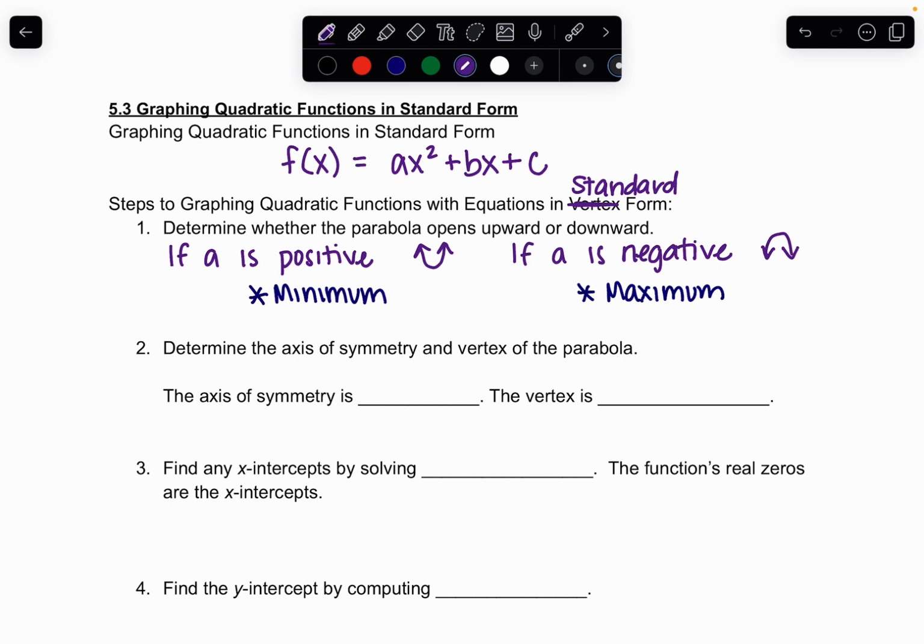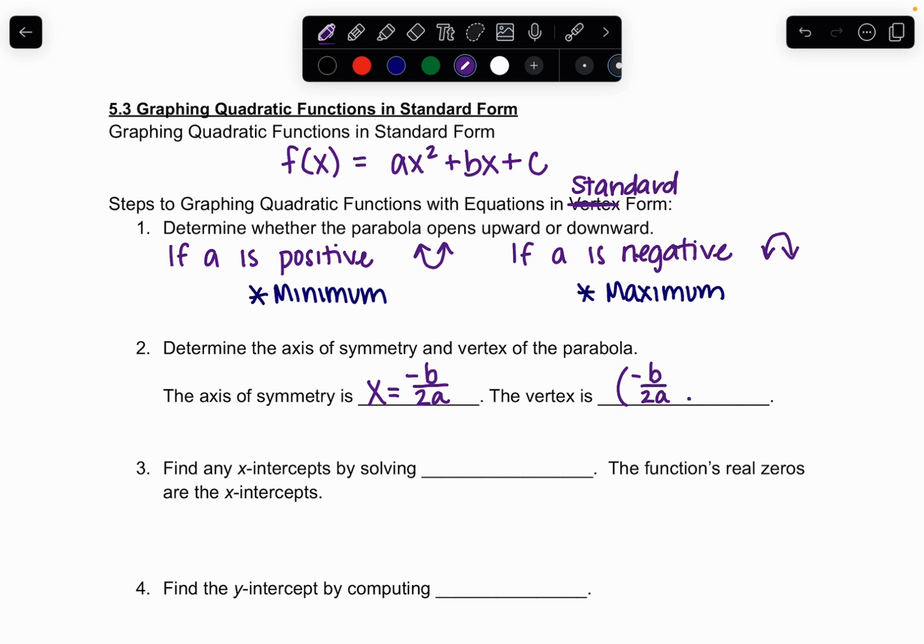All right, determining the axis of symmetry and the vertex of the parabola. Here we have a little bit more work than when we looked at vertex form. So the axis of symmetry is going to be the equation x equals negative b over 2a. And the vertex is going to be that same x value, negative b over 2a.